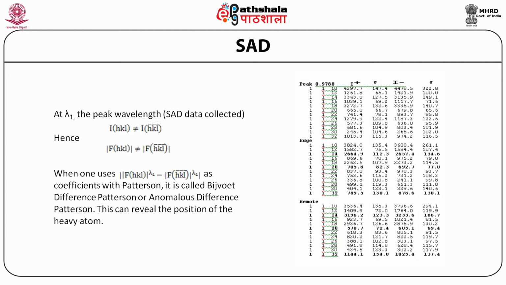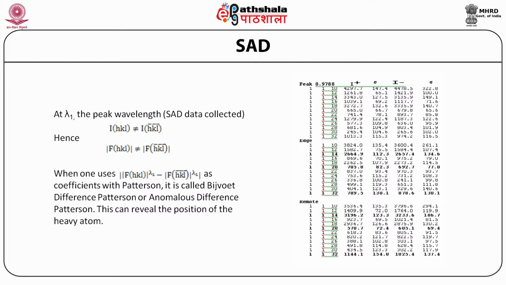Now again, if you look at the edge inflection point, here you don't find much variation between intensity of HKL reflection and minus H, minus K, minus L reflection. Let us consider the reflection 114 from the second block. The intensity of HKL is 2664 roughly, and intensity of minus H, minus K, minus L is 2657.